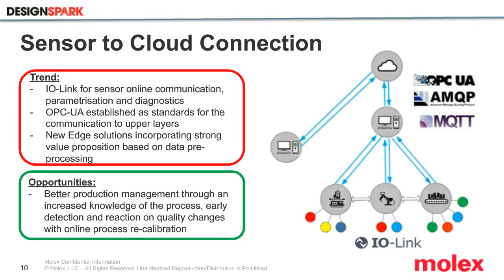As for trend 4, the sensor to cloud connection. We started with the smarter devices and IO-Link as communication technology down to the sensor level. This also opens new ways to interact with the machine, with online diagnostics and parameterization of the installed devices by or beside the classic control process driven by the PLC.